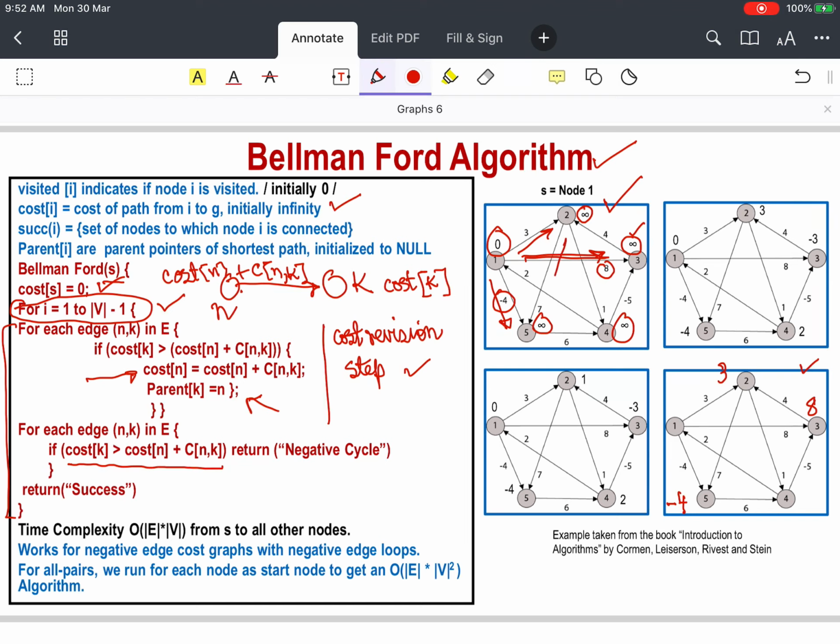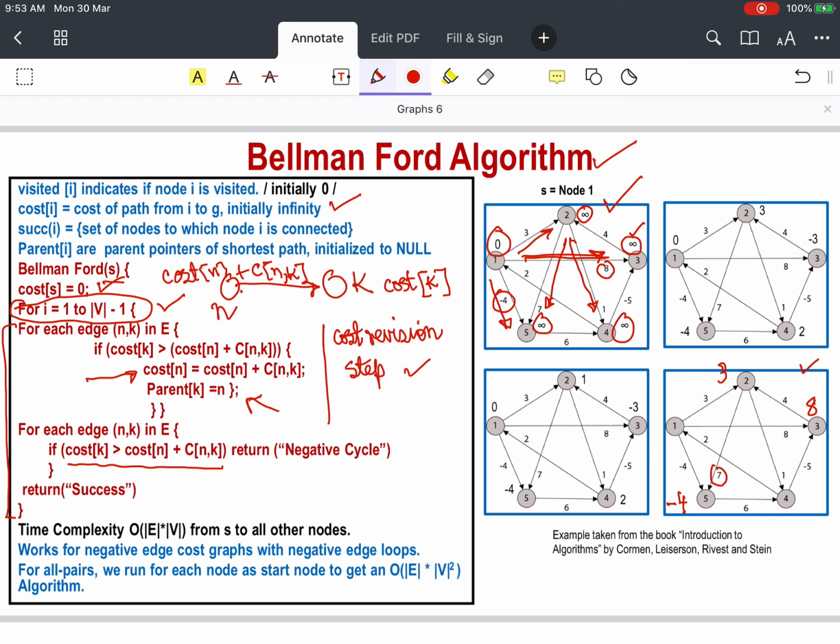Now we do this edge from 2 to 5. The cost is already minus 4 by this iteration. Therefore 3 plus 7 is 10, so this cost does not change for node 5. It remains minus 4. Let us look at this edge now.